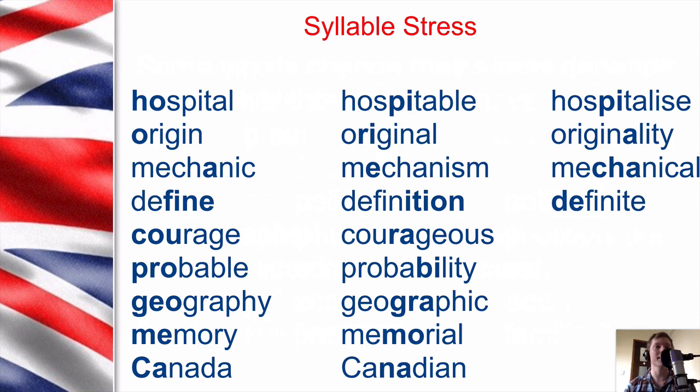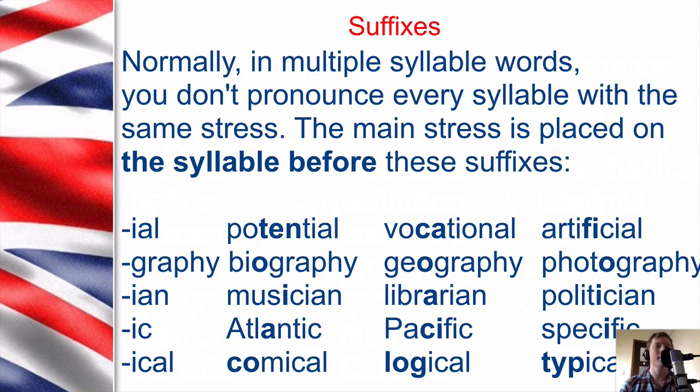So these are words which you need to get used to and probably memorize as well, so you can get the stress right each time. Another thing that non-native speakers often find difficult is where the stress comes in words that have multiple syllables and contain a suffix. So in these types of words, you don't normally pronounce every syllable with the same stress.